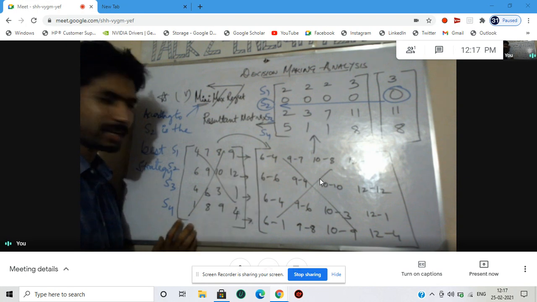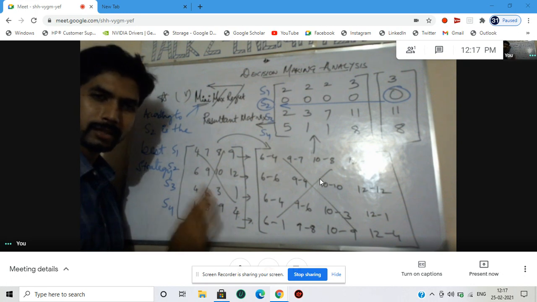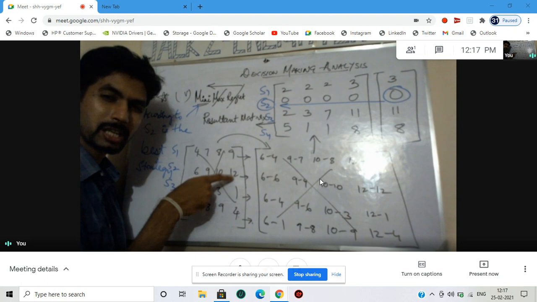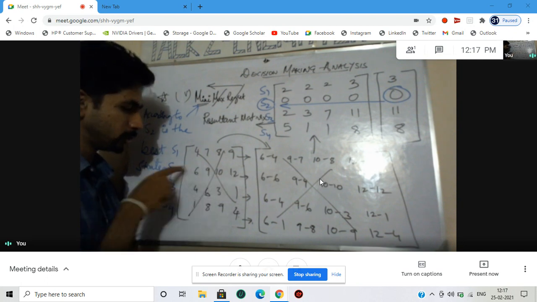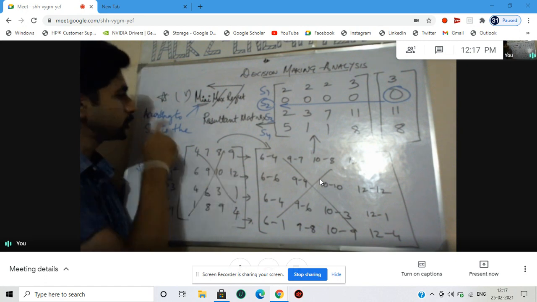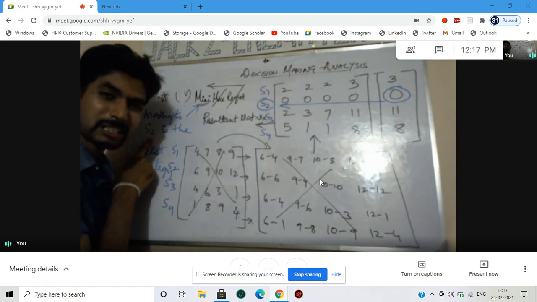So this is the matrix: 4, 7, 8, 9, 6, 9, 10, 12, 4, 6, 3, 1, 1, 8, 9, 4. In this matrix, the highest is 12. All right. You see correspondingly which strategy is there. S2. So after doing all this calculation, I got S2 as the best strategy.